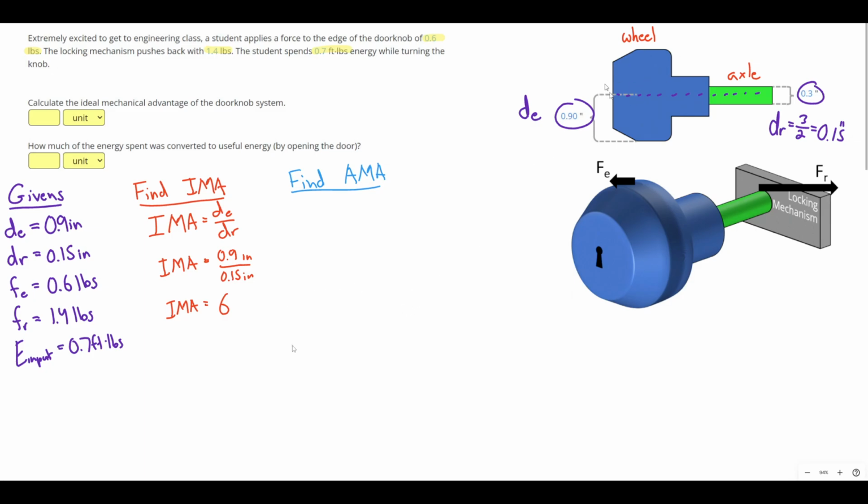Remember, the wheel is where our effort force is being placed on that big doorknob, right? So there's a lot of leverage that the effort force has. So our IMA should be greater than 1, which it is. Let's find the AMA next. FR over FE.